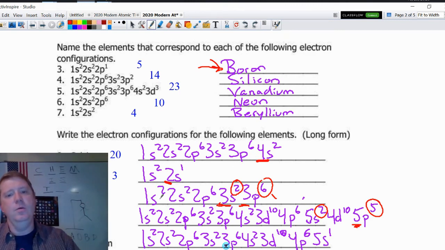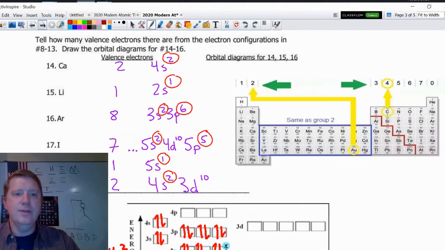Let's go to argon. 1, 2, 2, 3, 3. Both of these are on the 3rd level. Those are the highest. So I only rewrote the last pieces that have the highest. I did also include some lower pieces just so that people don't get confused when they're looking at this.